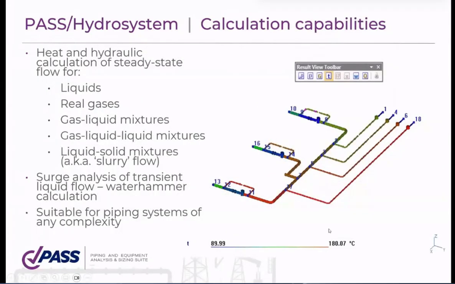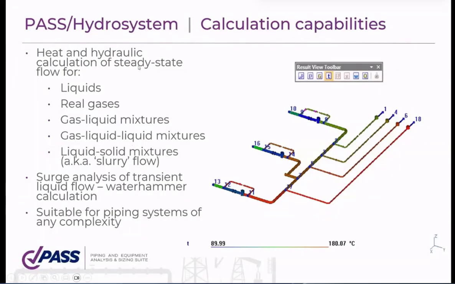In HYDROSYSTEM, you can calculate, first of all, a steady state flow, and perform heat and hydraulic analysis for this type of flow, and for various types of fluids: liquids, gases, both ideal gases and real gases, gas-liquid mixtures, gas-liquid-liquid mixtures, and liquid plus solid mixtures, aka slurry, settling slurry flow.